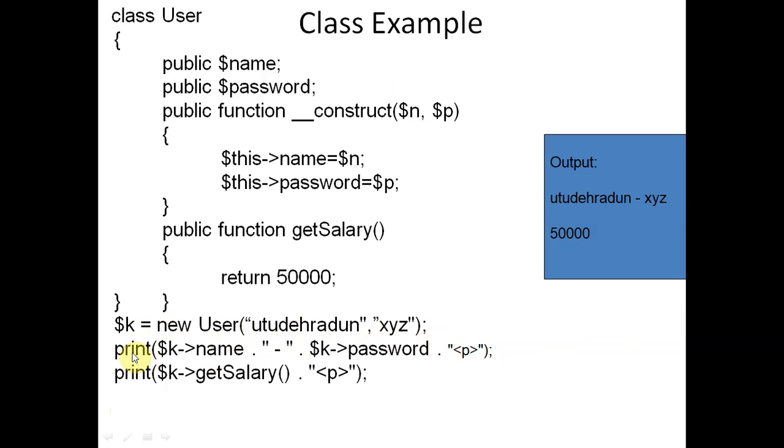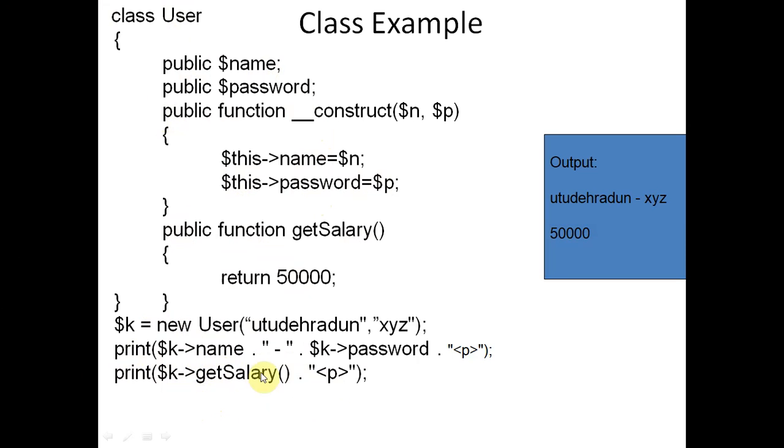And now this is the print statement. We can write an echo statement here also. Now suppose we have to print the value of name and the value of password, because name and password are two public variables, so we can use them directly outside the class.